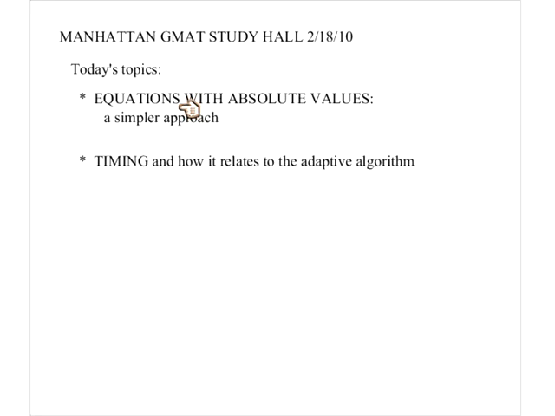So we're going to start with a review of the most basic possible facts with absolute value equations. And then we're going to look at how to simplify your life if you encounter such an equation on the test. After that, we're going to have a discussion of timing.